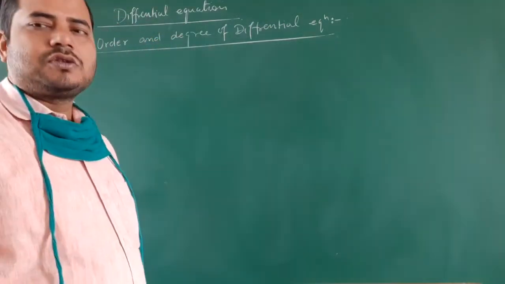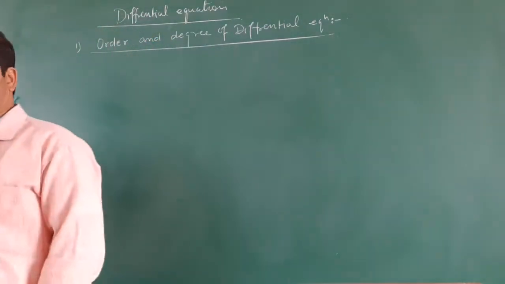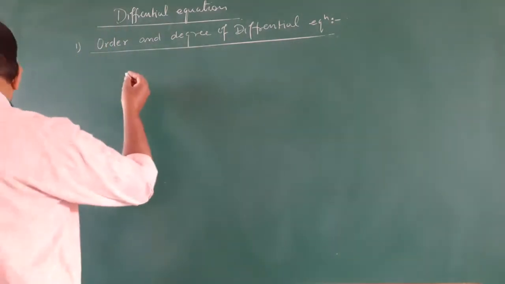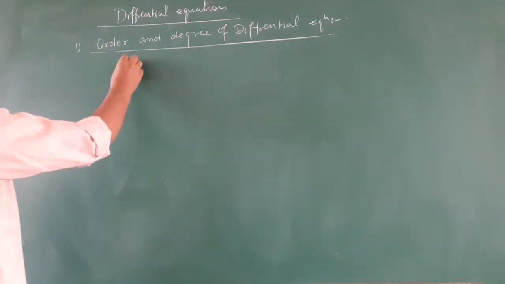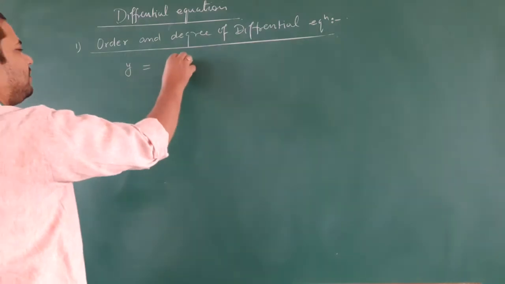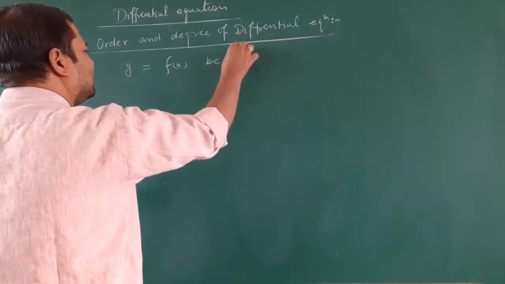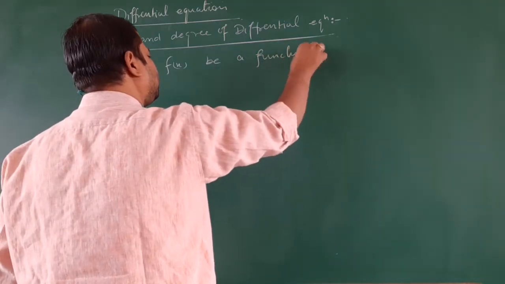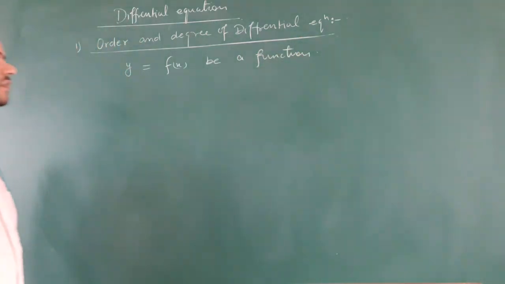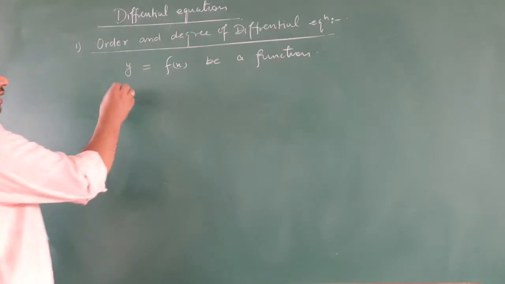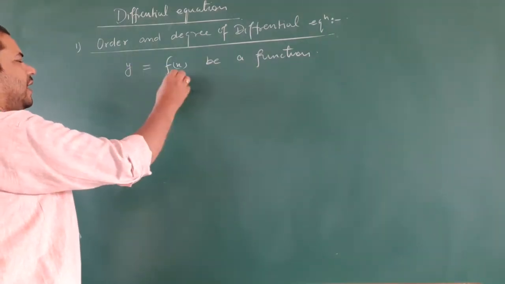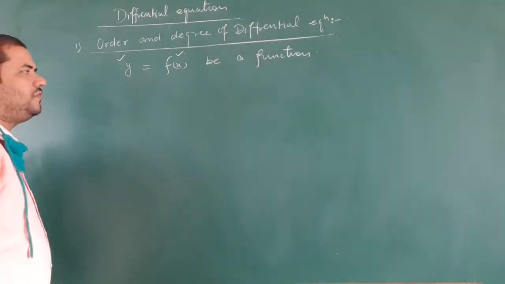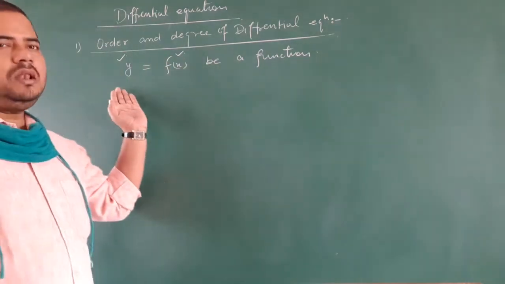First of all, we understand what is a differential equation. If we consider y is equal to f(x) be a function, then here y is a function of x. If you put the value of x, then y will come.